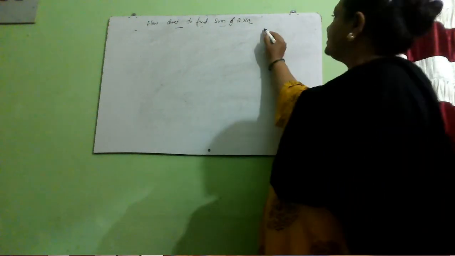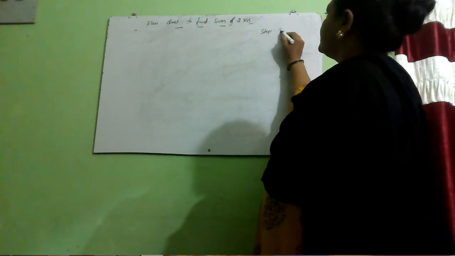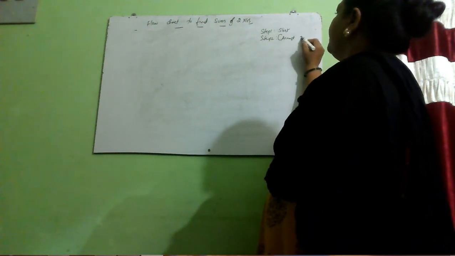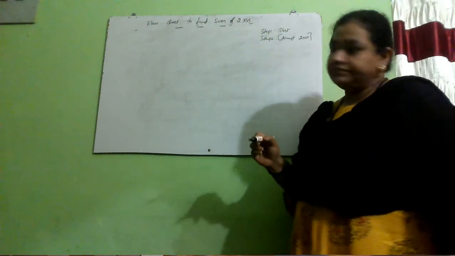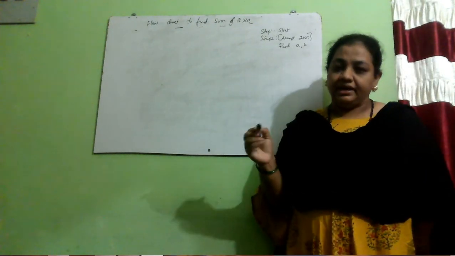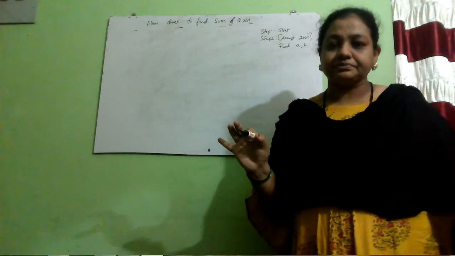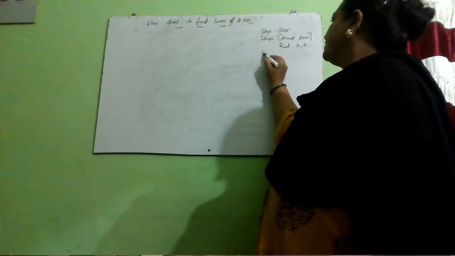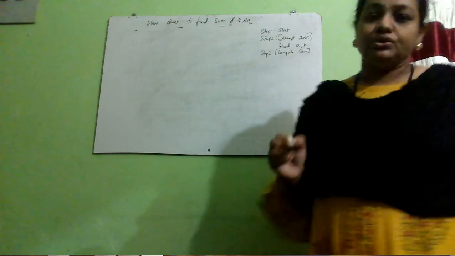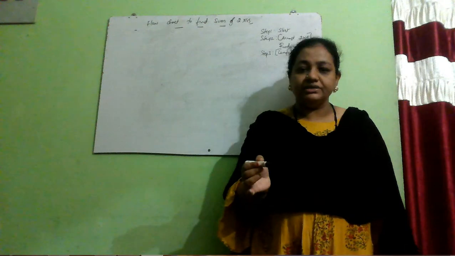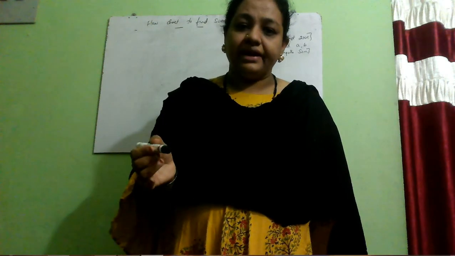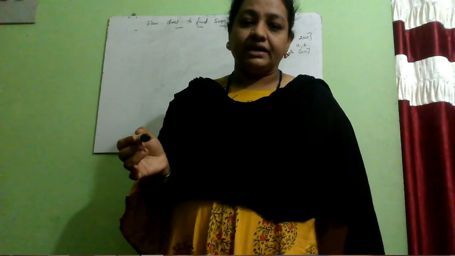So let us write the first flowchart, that is to find sum of two numbers.